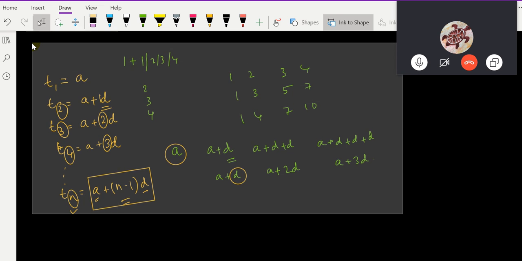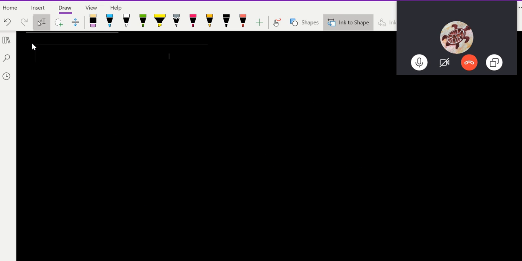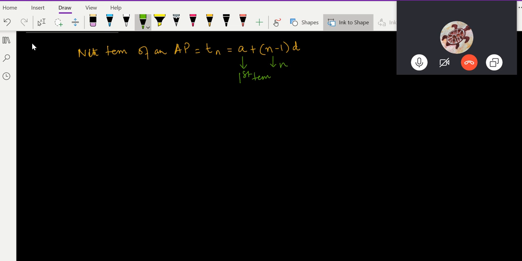So, the nth term of an AP, nth term of an arithmetic progression will be Tn, which can be written as A plus n minus 1 into D, where A is the first term, n is the total number of terms, and D is the common difference.